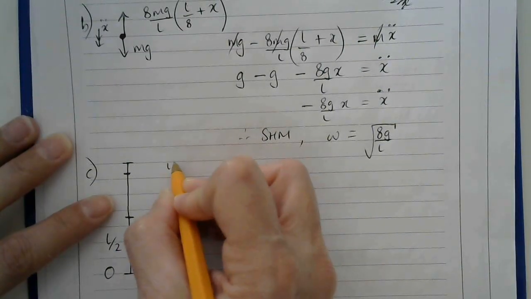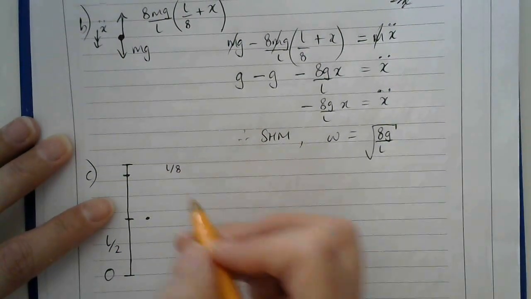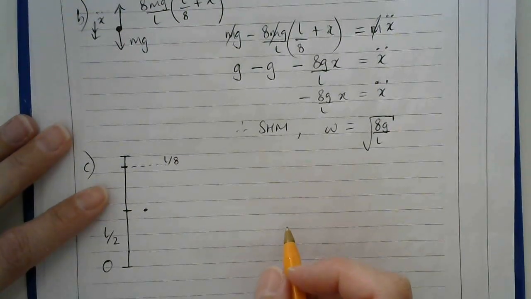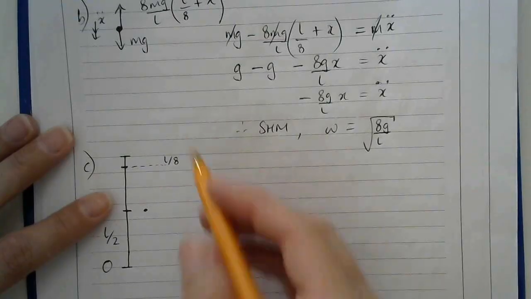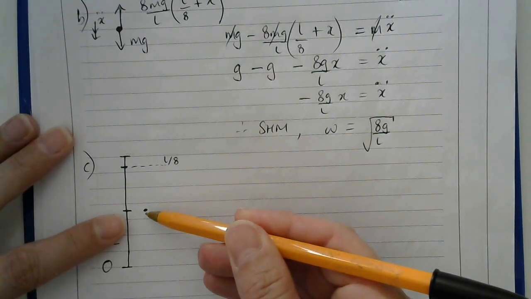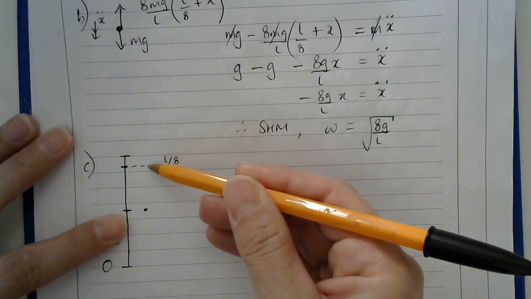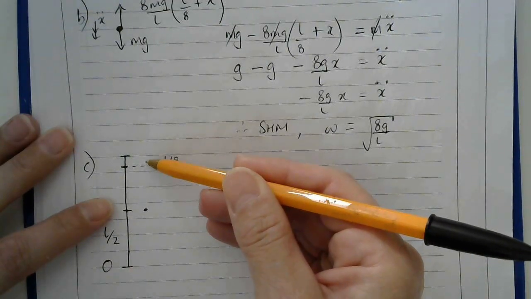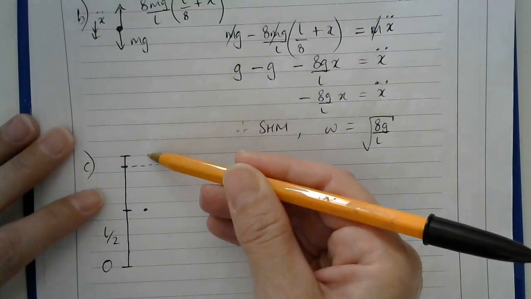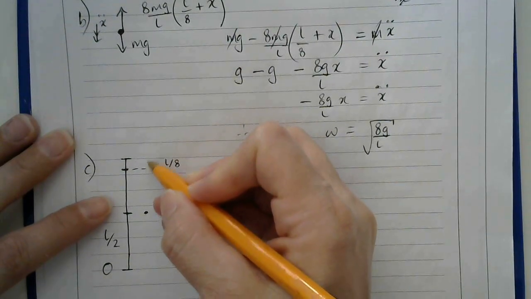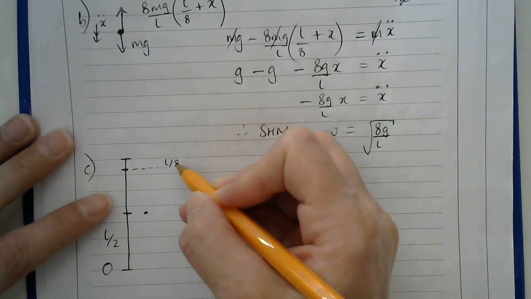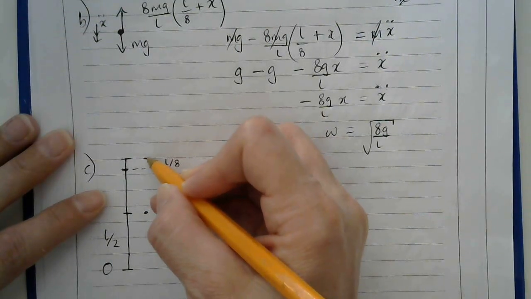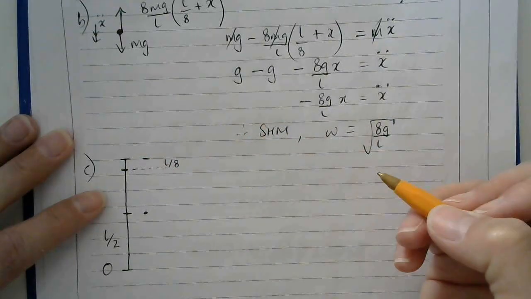So this part here is L over 8, and this is where the equilibrium position is. So it began from here, it's moved up here, and so it's extended a little bit beyond this. So L over 8 beyond the equilibrium position when we're here at the top of the tube.